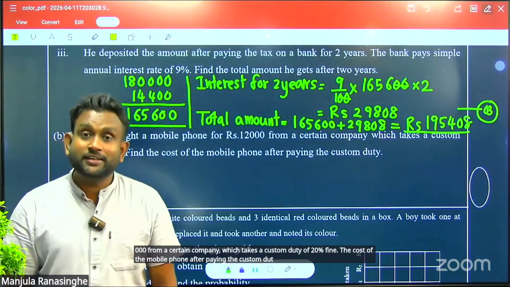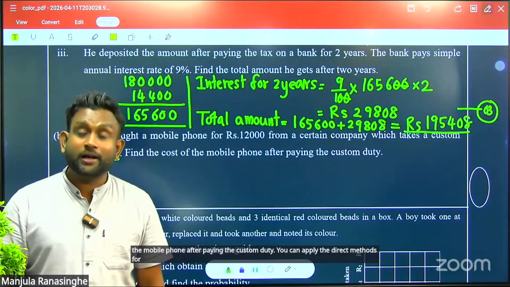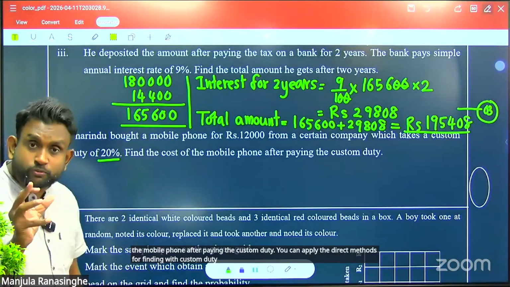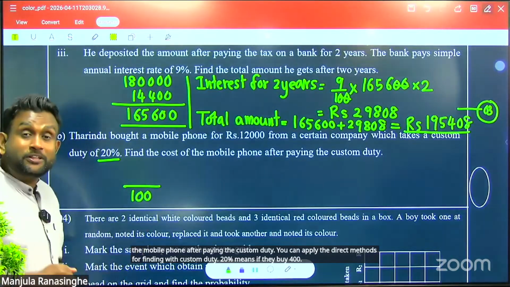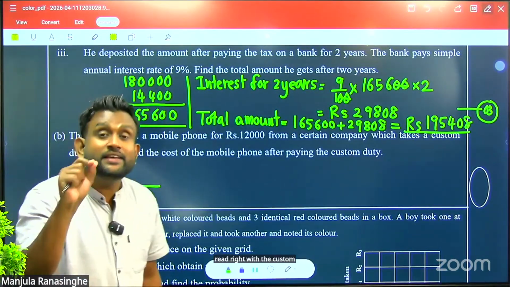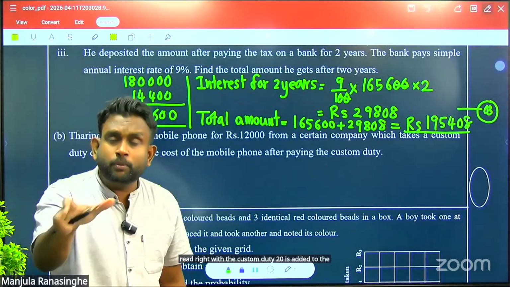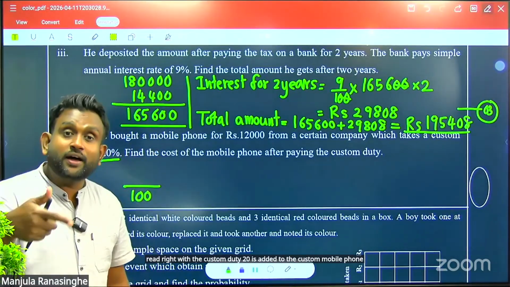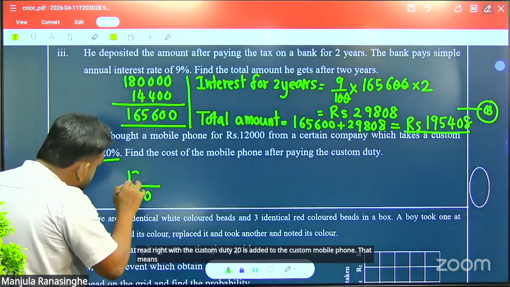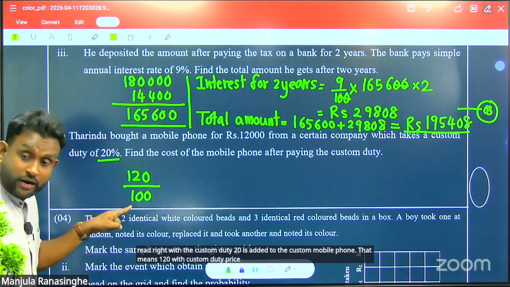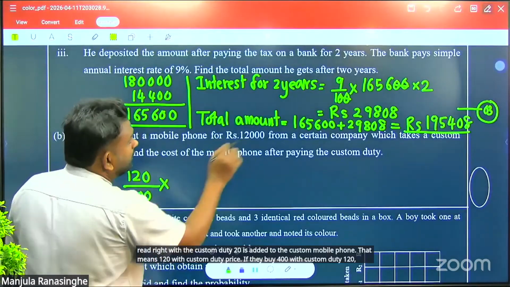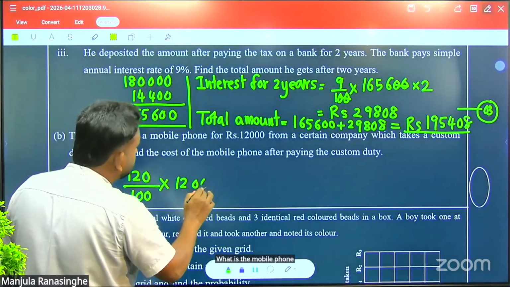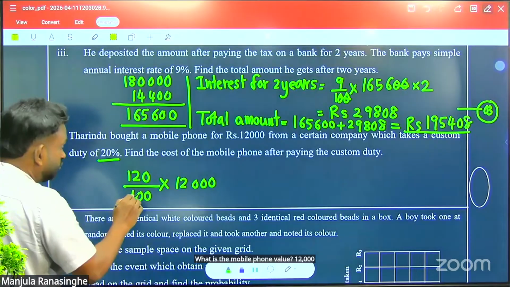You can apply the direct method for finding with custom duty. 20% means if they buy 400, with the custom duty 20% added, that means 120 with custom duty price. If they buy 400 with custom duty 120, if that's so, what is the mobile phone value? 12,000. So what is the with custom duty price?